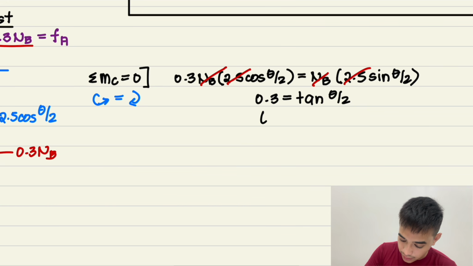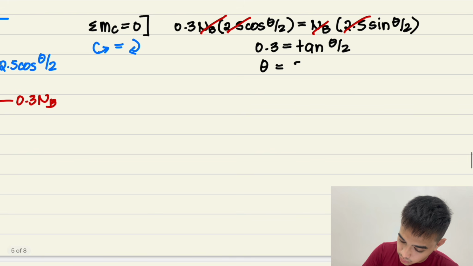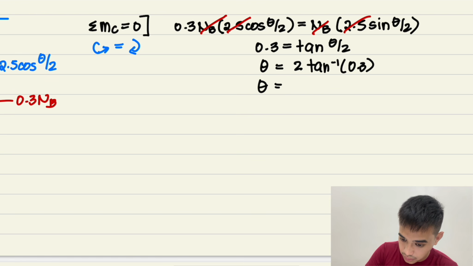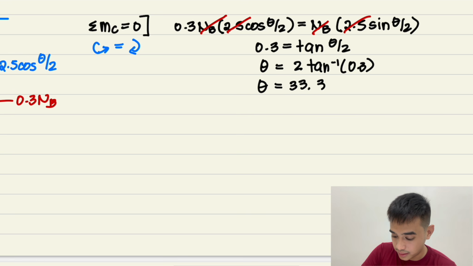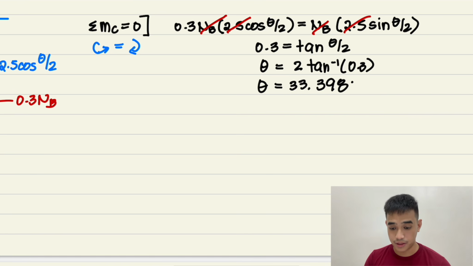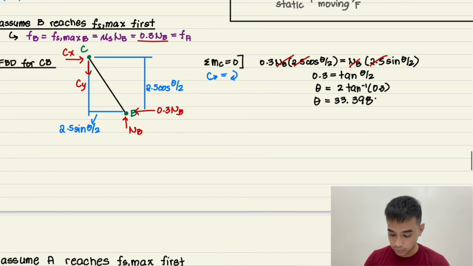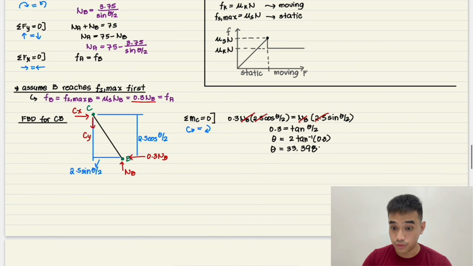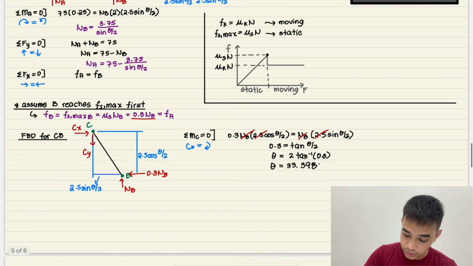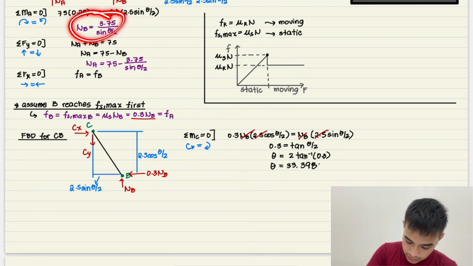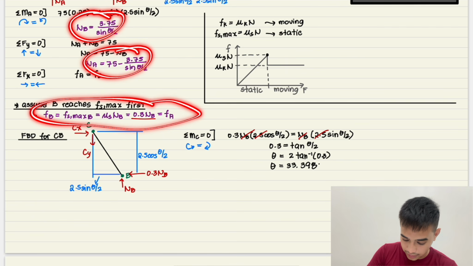And if we just do some transposing, we can see that this leads us to this equation. And the value of theta would be 2 times arctan 0.3, which is actually equal to 33.398 degrees. So with this, we have to check first if our assumption is correct. And in order to do that, we have to use this solved theta on our previously created formulas, this, and this.